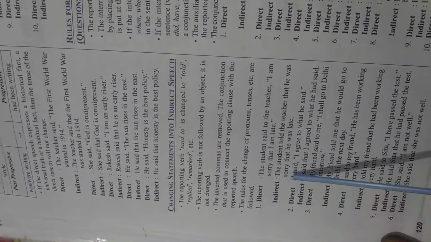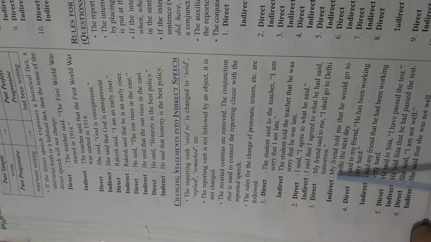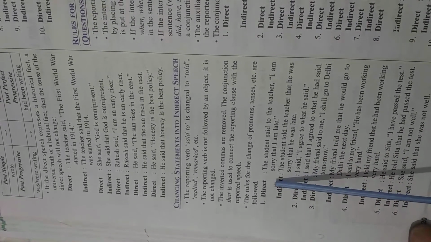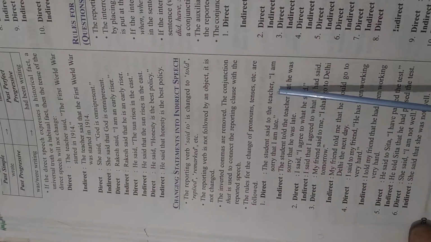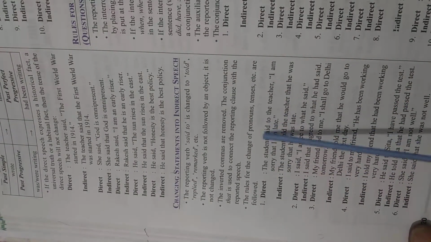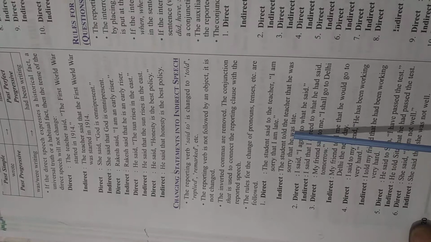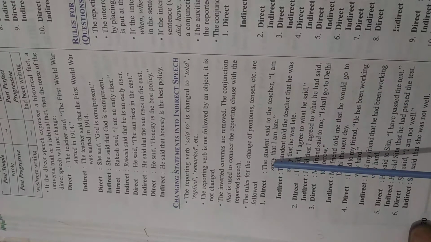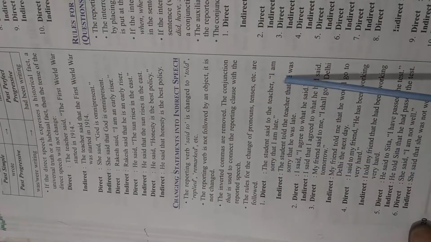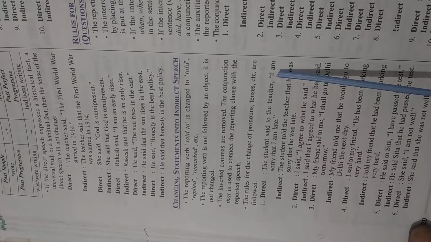Now see this. Some of the examples we will discuss, one or two or three. Direct speech: the student said to the teacher, "I am sorry that I am late." Instead of "said to", we are writing "told", as you have seen. "I" means who? The student, right? So we can write either he or she, right?